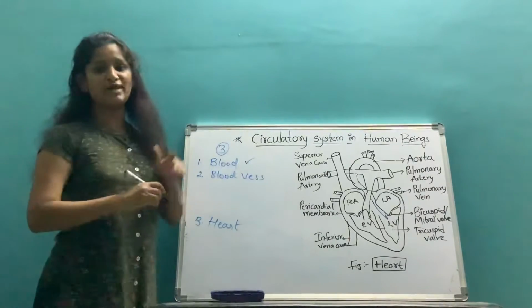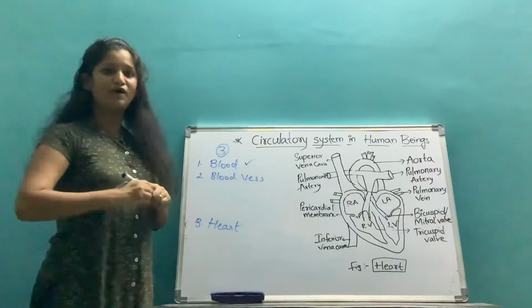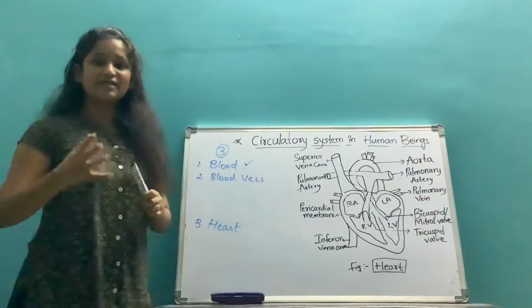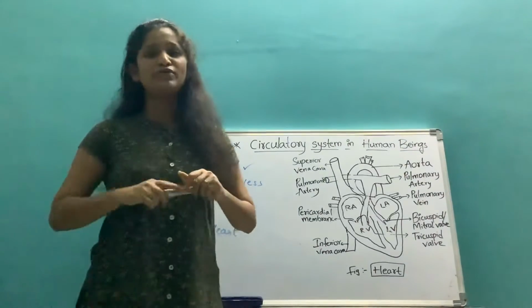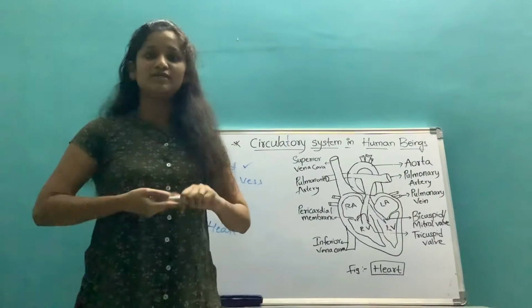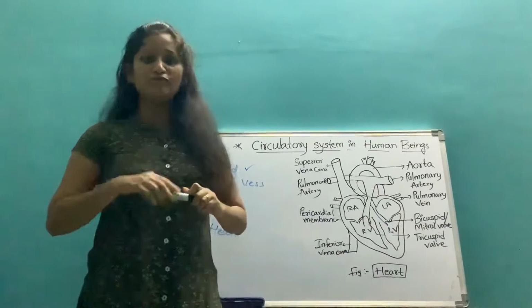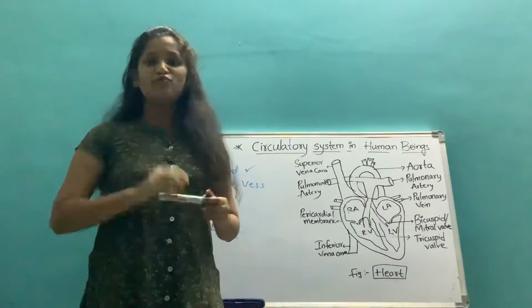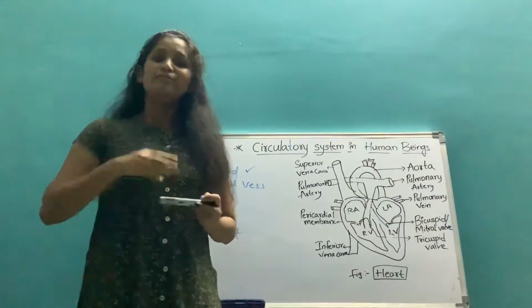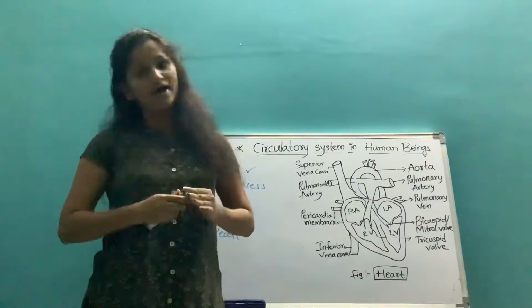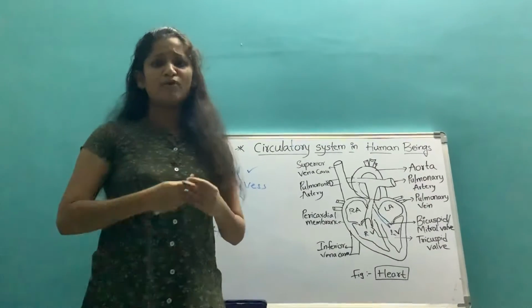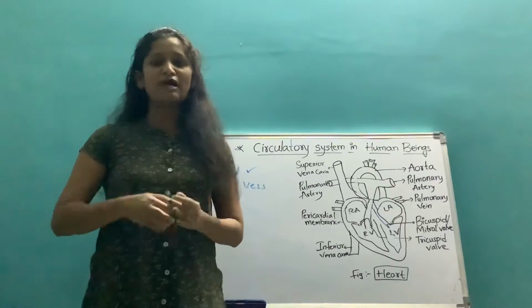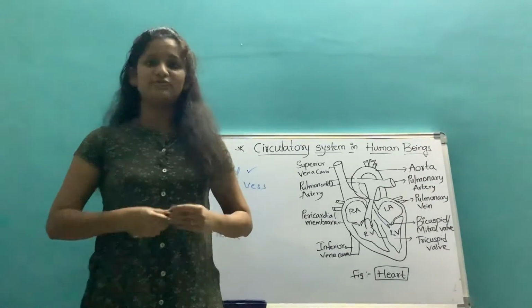Coming to the blood vessels, they are the channels which run throughout your body and transport the nutrients and the blood throughout your body. So it is a loop-like structure which begins and ends with the heart. In our body, approximately 60,000 miles of blood vessels are there.